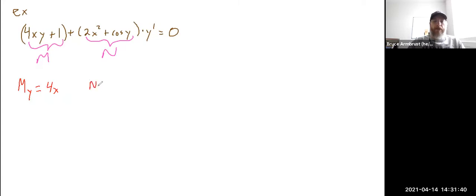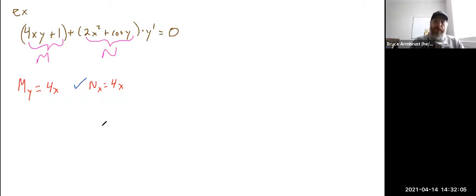And then we need to look at N_x. Well, 2x squared becomes a 4x. Cool, so far so good. And then cosine of y goes to 0. This is when we get happy, big old grins, because M_y and N_x are identical.